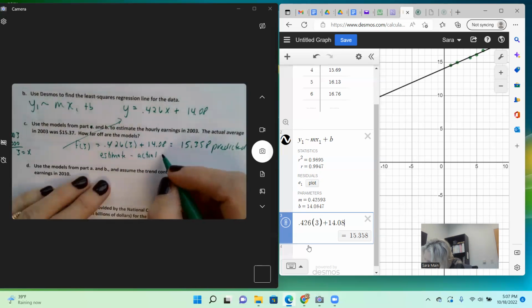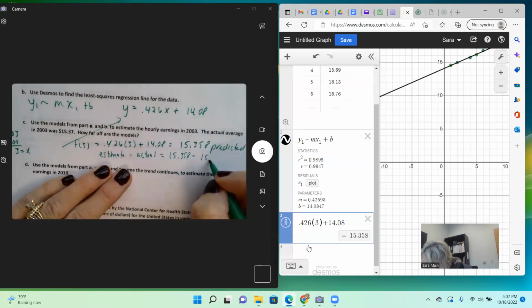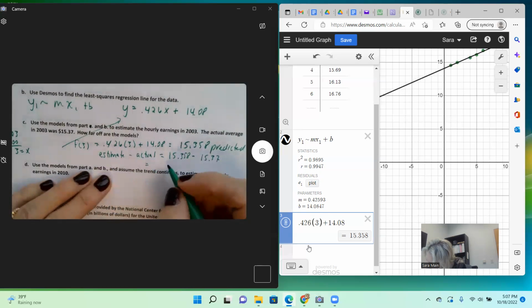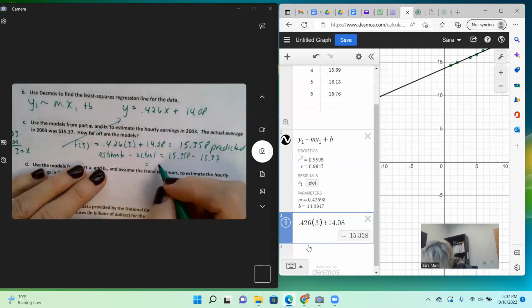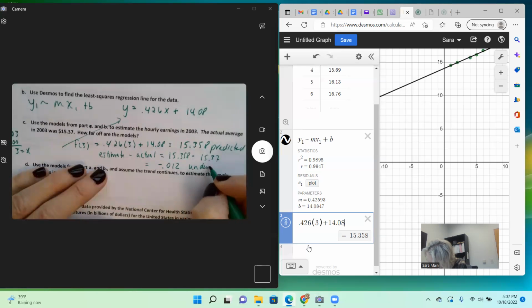But either way, as long as we're keeping track, the estimate was 15.358, subtracting the actual, which was 15.37. So we under predicted by negative 0.012. Under predicted.